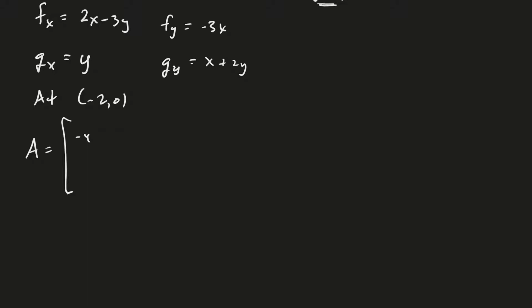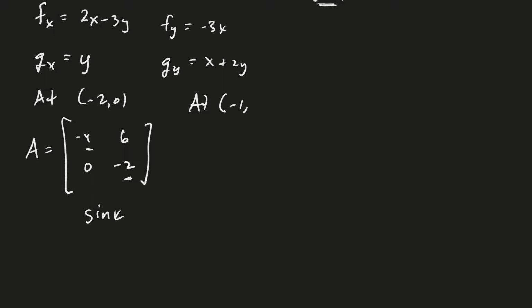Minus 2 times minus 3 is 6. 0, minus 2 if you plug in the rest. Okay, and so this turns out to be a sink. And I know that right away because it's actually a diagonal matrix, and so the eigenvalues are right along the diagonal. So if you have 2 negative eigenvalues, that corresponds to a sink.